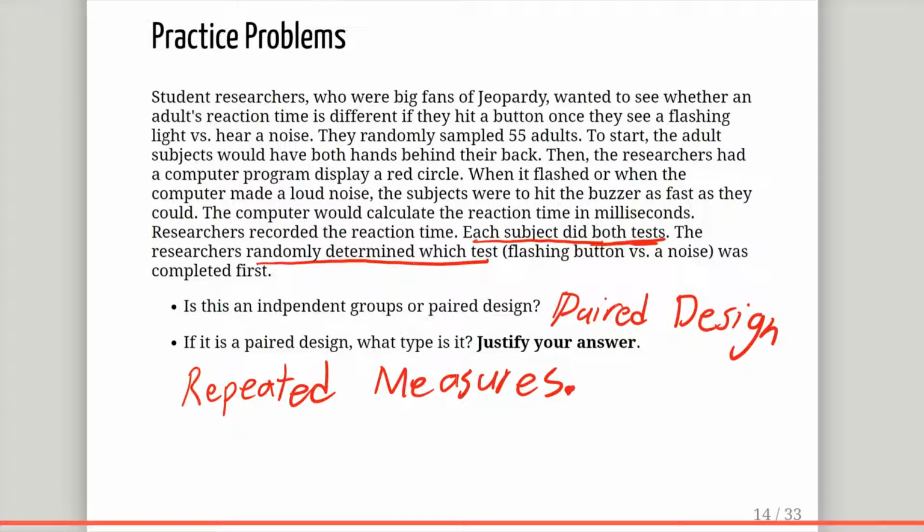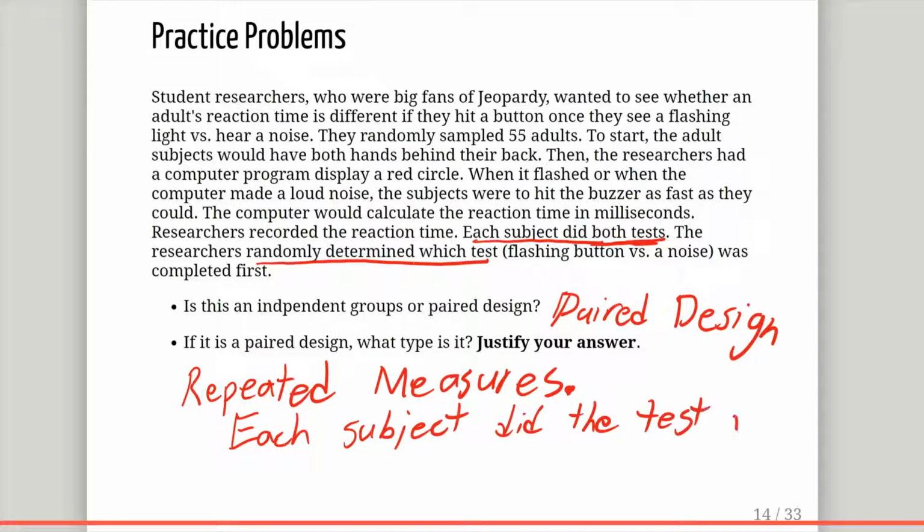So you would say each subject did the test with a flashing button.